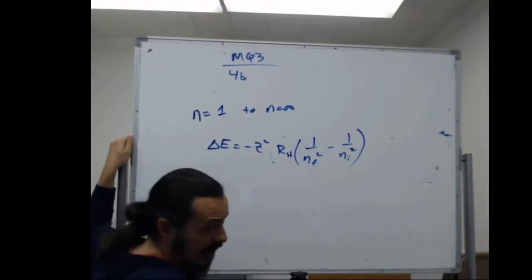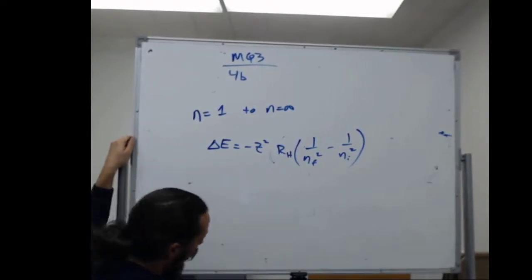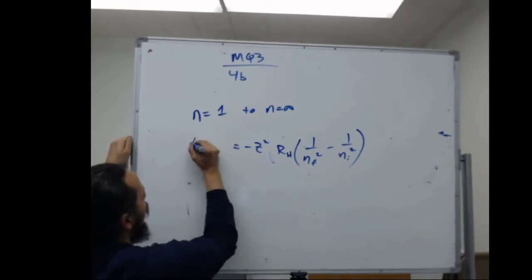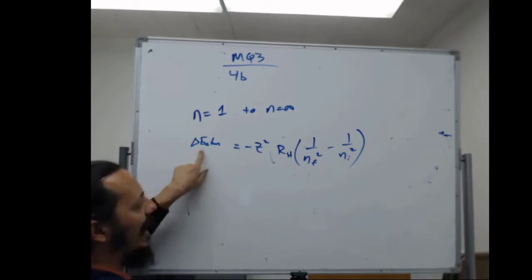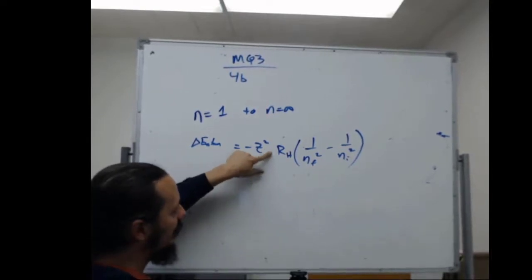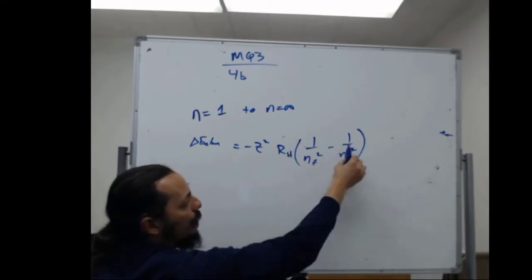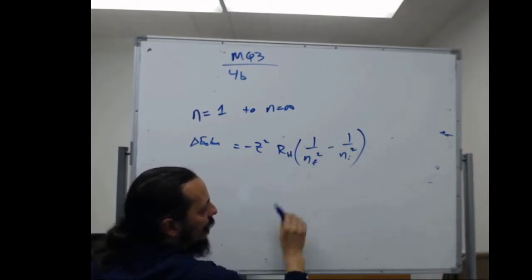Notice this is not the same Rydberg equation we used just moments ago. This version of the Rydberg equation is really talking about how the atom changes in energy, looking at the difference between the orbital energies, depending on the final and the initial.